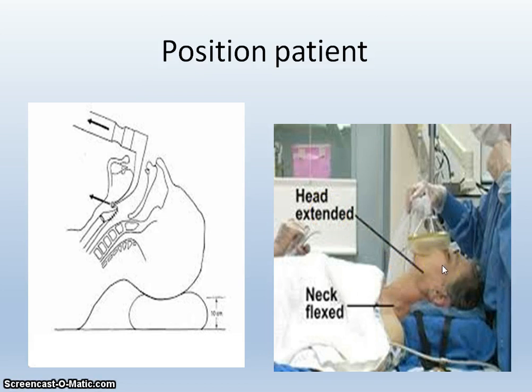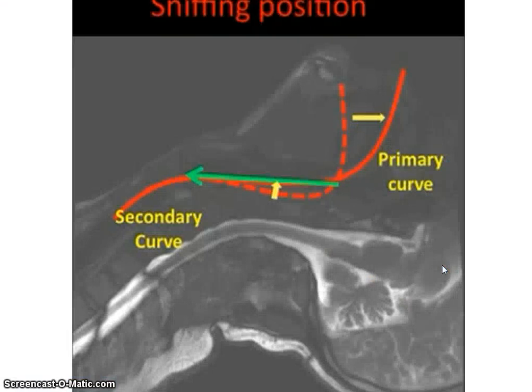By doing this, you are flattening the secondary curve and almost getting it in line with the primary curve, so you have a good visualization of the vocal cord.